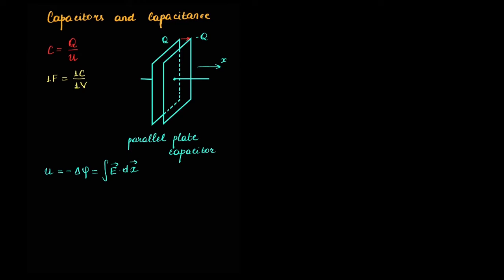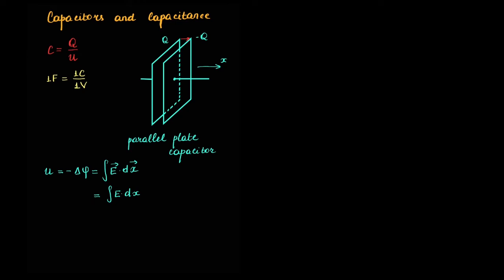So you see the angle between the E vector and the dx vector is just 0. So we can write it as E multiplied by dx multiplied by cosine 0, where cosine 0 is just 1, so I'm not going to write it. The electric field strength inside the capacitor is uniform, it's just constant.